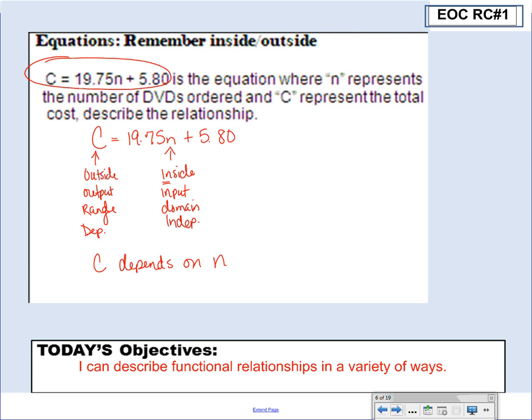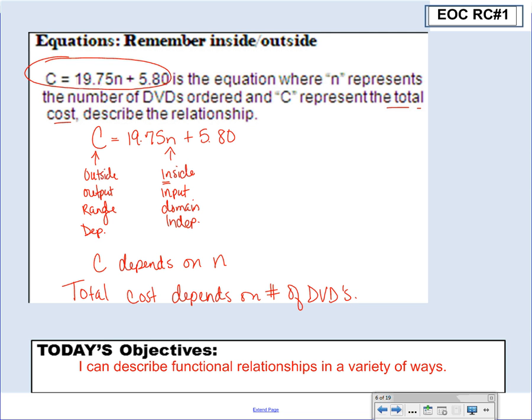And so one of the questions could be, instead of C, we have to say C represents the total cost. So one of the questions could ask, total cost depends on, and then N represents the number of DVDs. The other question that could be asked is, which one of those variables is your independent variable? And which one would you say?